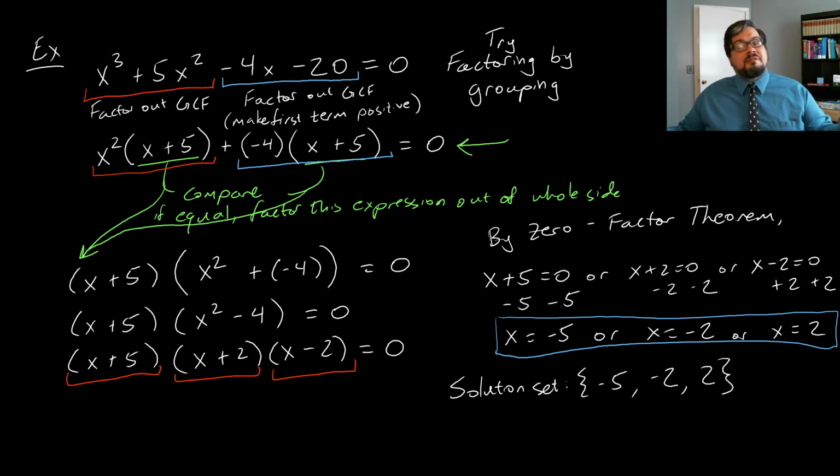That would mean that factoring by grouping just doesn't work for this problem, and you'd need to try to find something else. So factoring by grouping is something that you can try, but it is sort of a long shot. It's not going to happen all the time, but it's something to try when you've exhausted other methods, other ways to solve things.